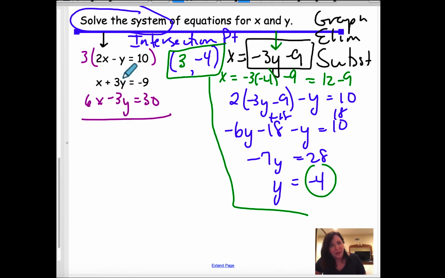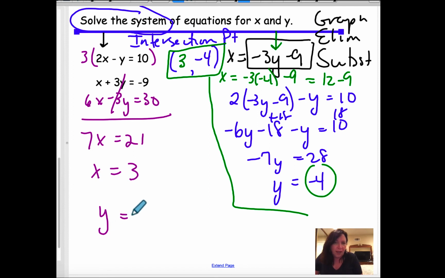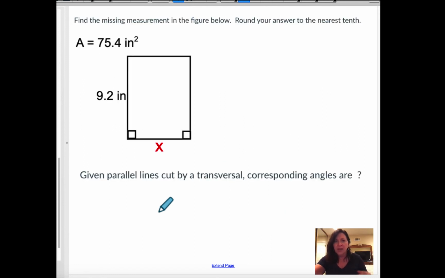And when I add these up, these y's are going to cancel, and I get 7x is equal to 21, x is equal to 3. And that's this value here. And then I would, of course, plug it back in to get y equal to negative 4. But I just want you to be aware that there's more than one way to solve these systems. And then there's the graphing method, too, which we didn't do.